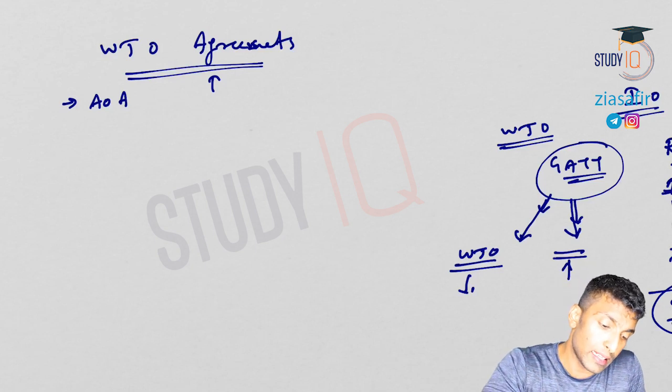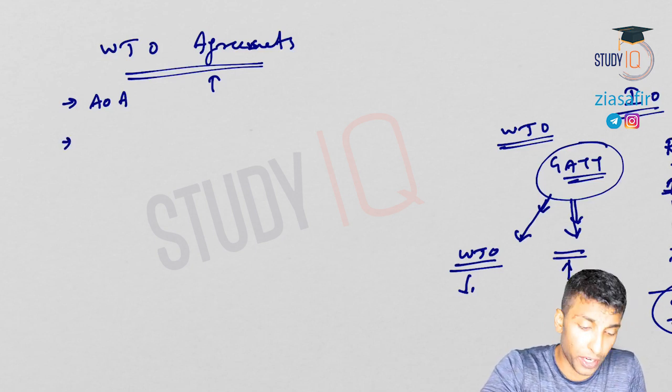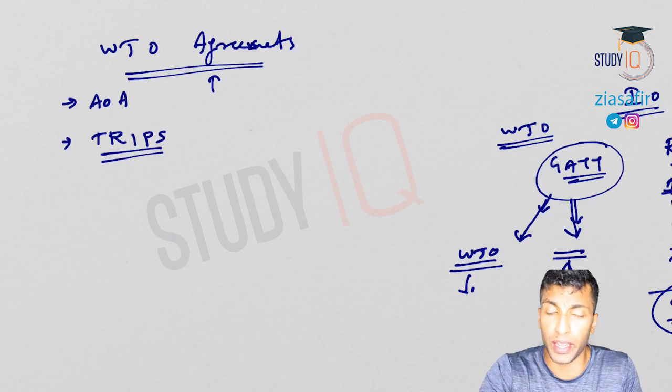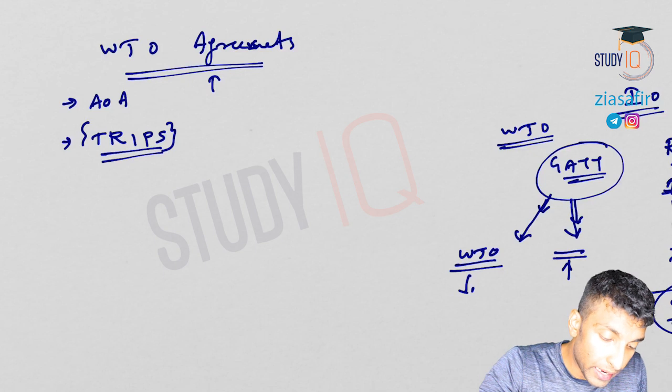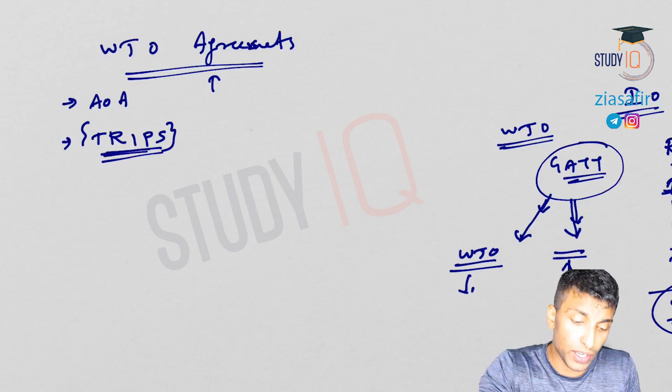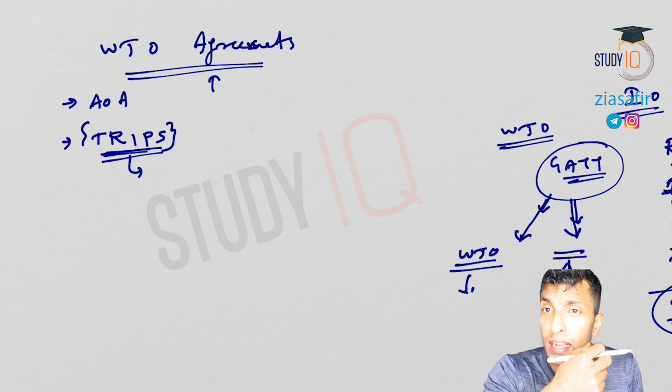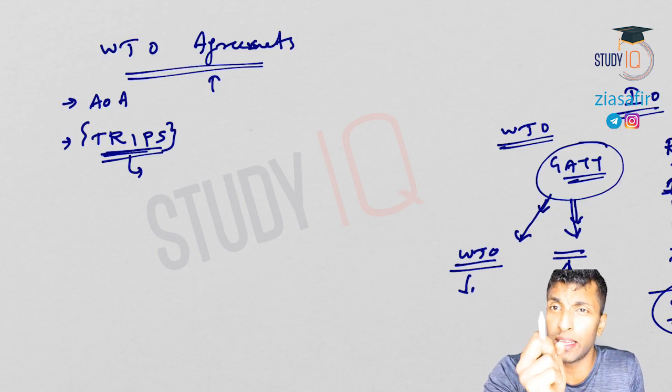Okay, then in the second session we have talked about TRIPS, trade related intellectual property issues. We have discussed TRIPS, trade related intellectual property rights, under which at least a minimum standard of protection has to be given for 7 intellectual properties. What are they?